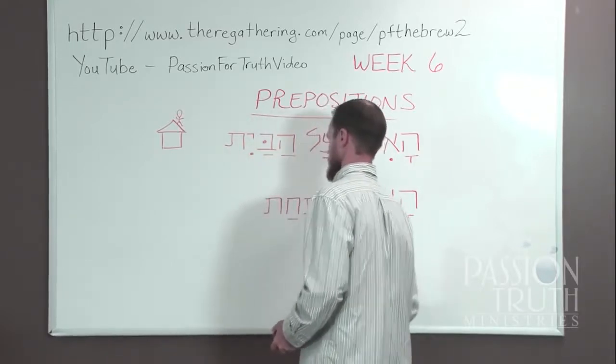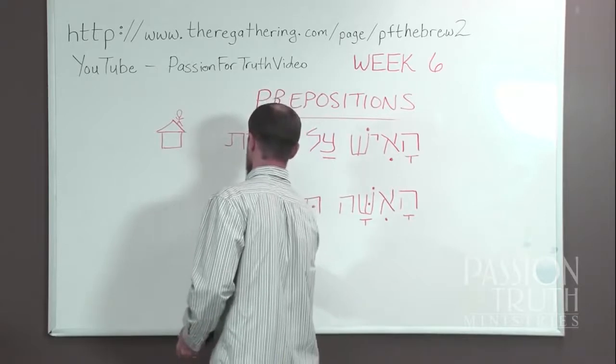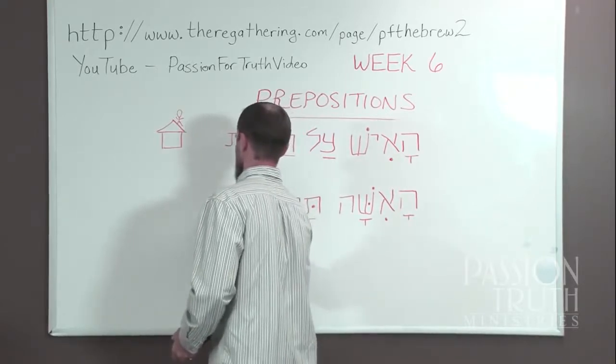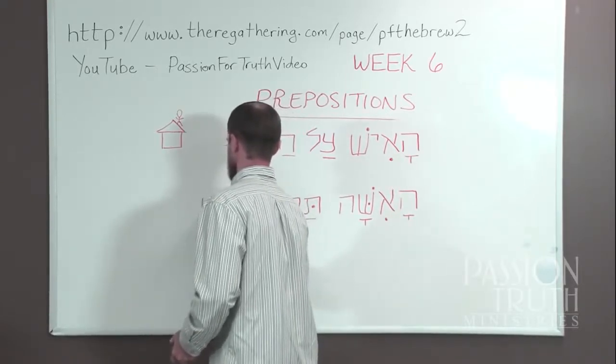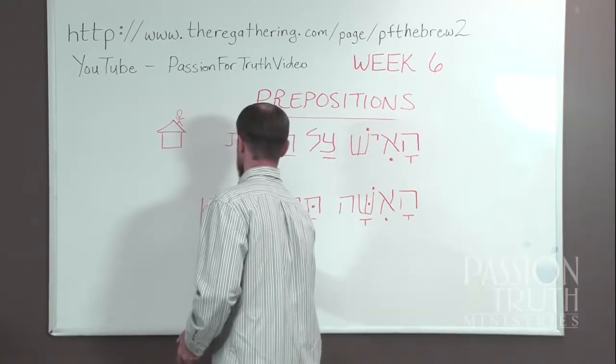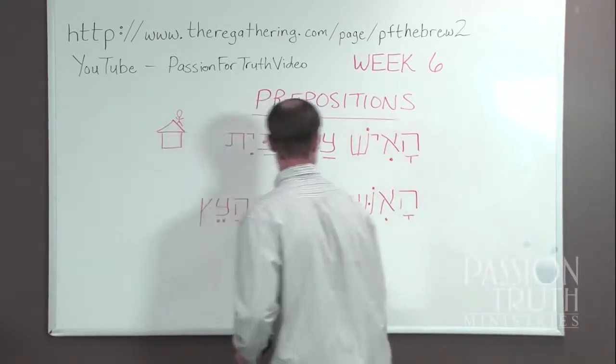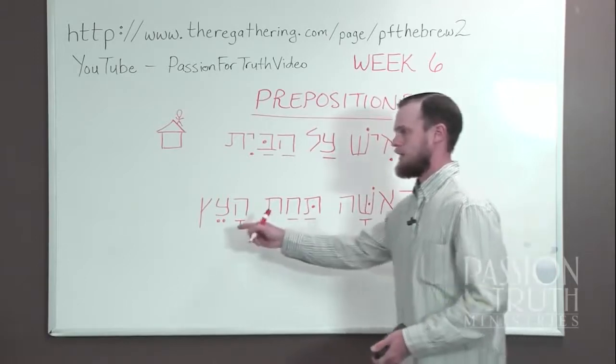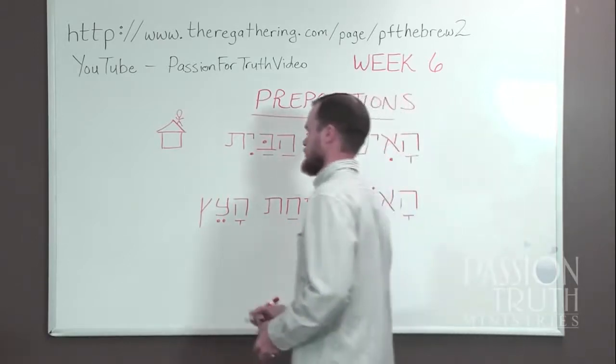Tachat. Okay, the woman is under, and let's put her under the tree. Ha'etz. Ha'isha tachat ha'etz. The woman is under the tree.